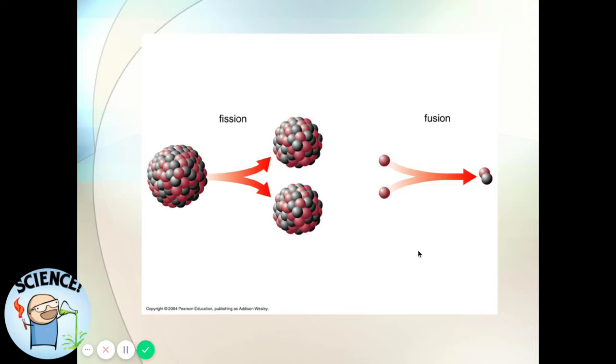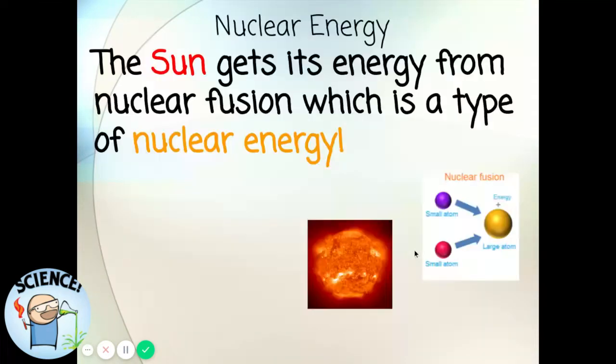And this also creates a lot of energy. The sun gets its energy from nuclear fusion. So the sun is an example of nuclear energy. So on the sun, 2 different small atoms, the nuclei will come together and fuse and create a much larger atom, which is why the sun has so much energy that we can actually use.